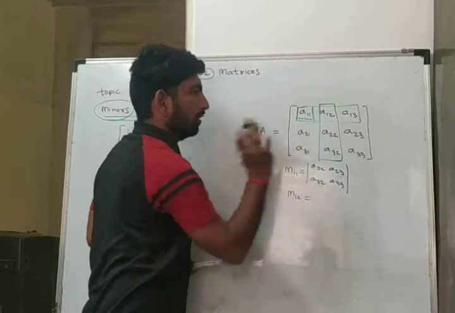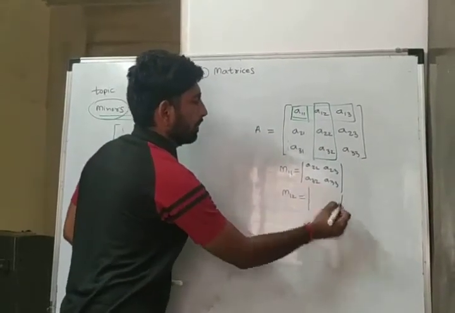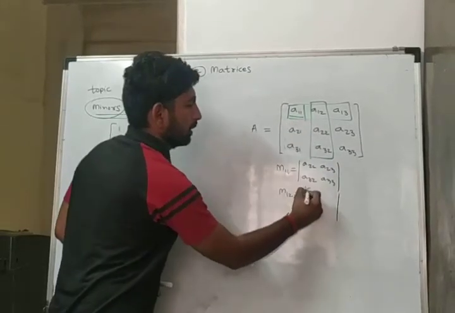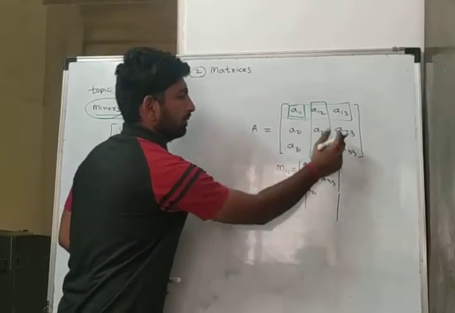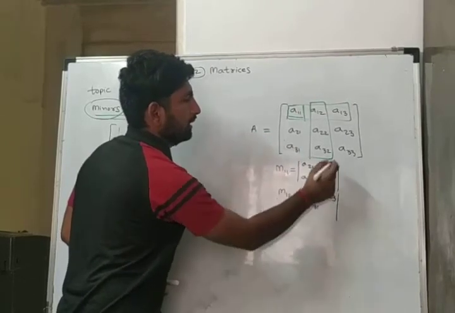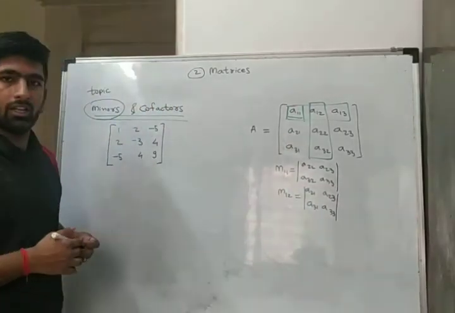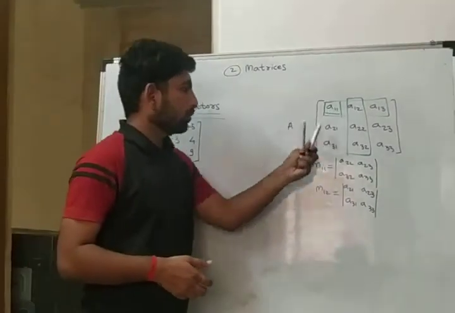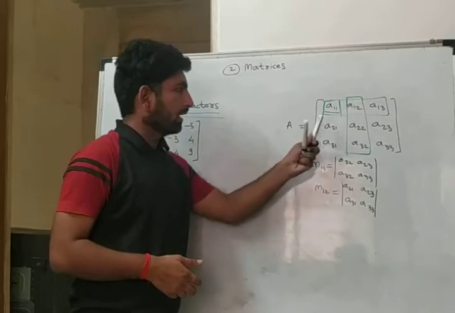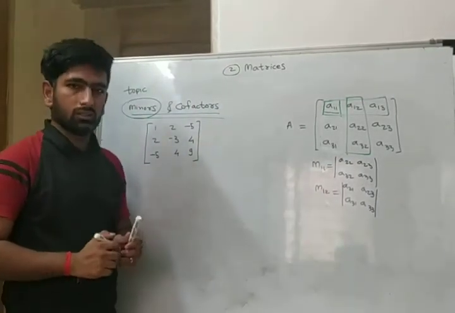First row and second column hidden. The remaining part will be considered in the determinant of the minor, that is A21, A23, A31 and A33. This is the minor of the first position M11, and for the second position M12. Minor is represented like this.